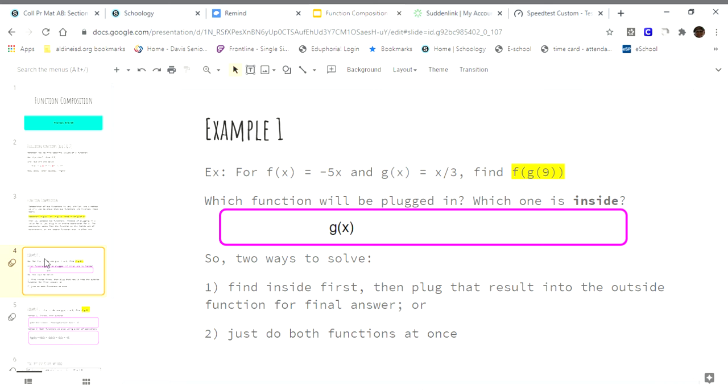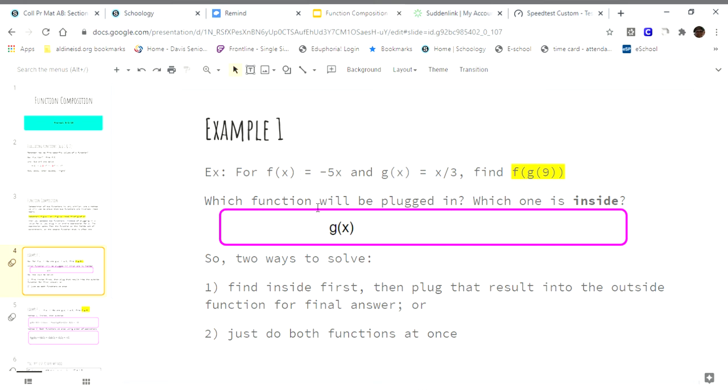Next, we have an example for you. So let's say I give you two functions. f of x is equal to negative 5x, and we got g of x is equal to x divided by 3. What I'm asking you to find is f of g of 9. Okay?